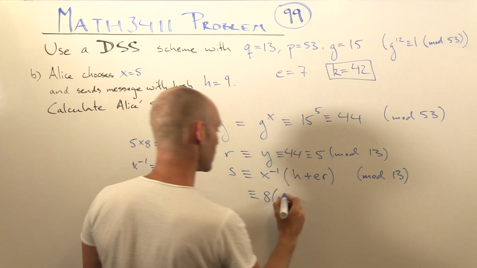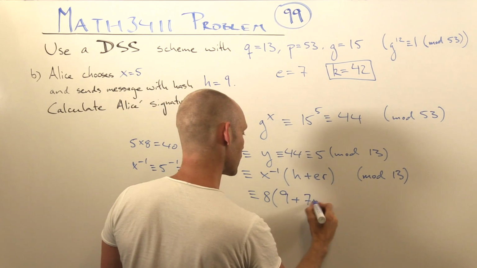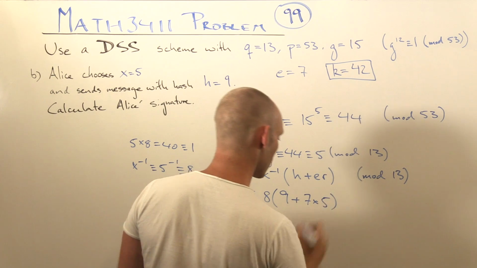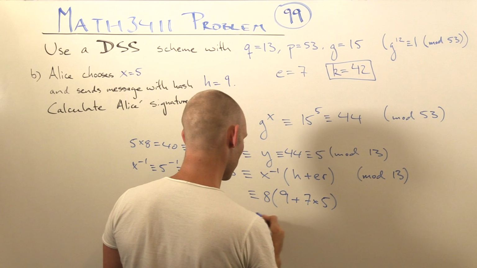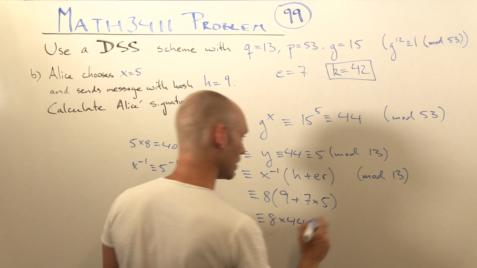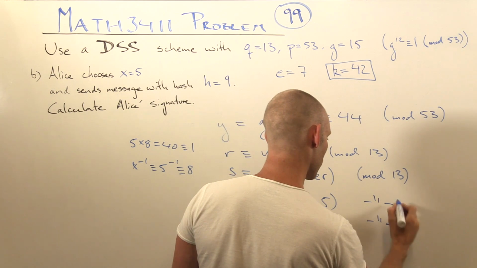h was 9, e was 7, r we've just calculated to be equal to 5. So you have 35 plus 9 is 44, so that's congruent to 8 times 44, and this is still all mod 13.